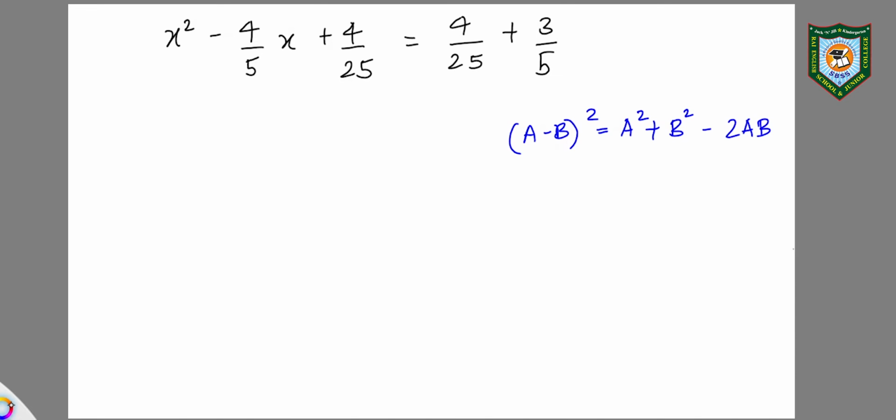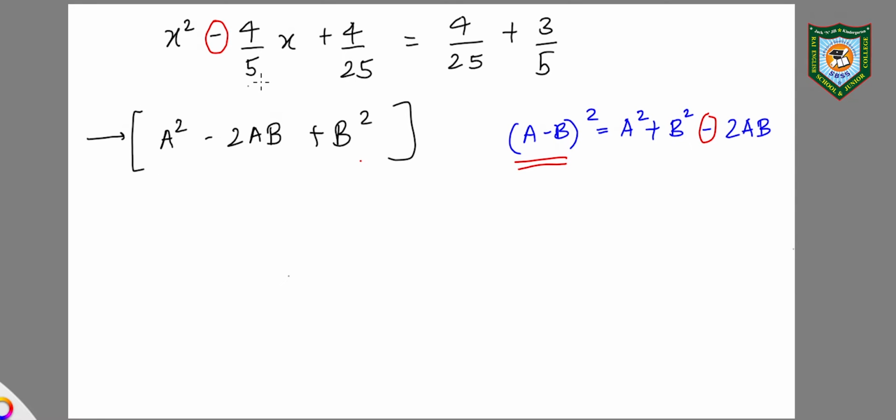As soon as I see a minus in my equation, that means I have to use a minus b whole square. So in this case, this is a square, this is minus 2ab, and this is plus b square. For now, I'm not solving the equation. I'm just trying to help you understand how to formulate the complete square on the left hand side.